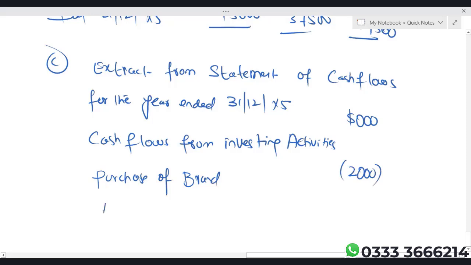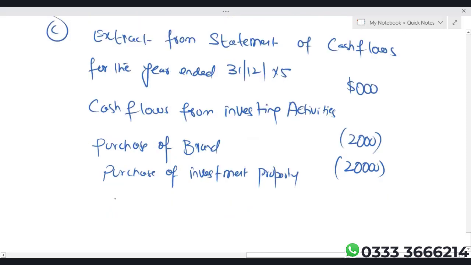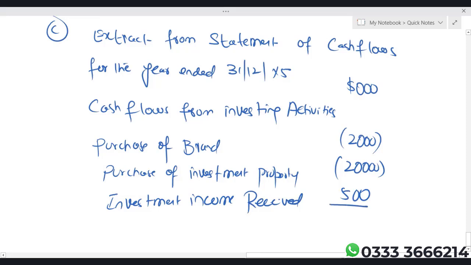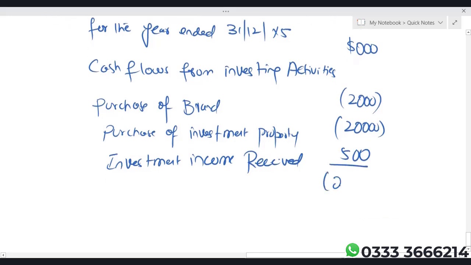Purchase of investment property is 20 million. Investment income in the trial balance, obviously we'll take it as received. Nothing is mentioned, so investment income received is 500. So investing activities total is 21,500.